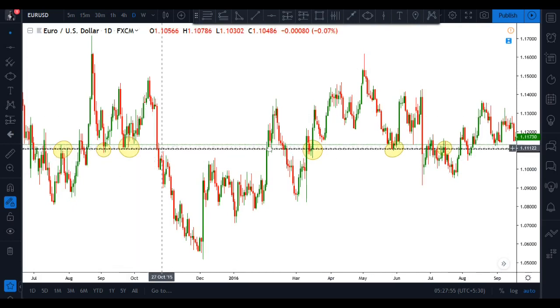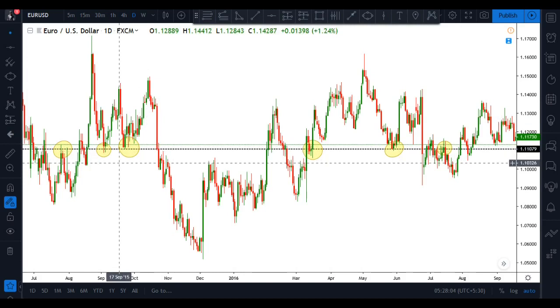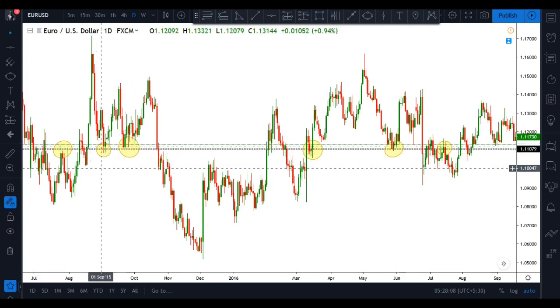This is what we call a structure level in the market. Personally, I think if a particular structure level has been respected more than 2 times, it's a significant level of structure.